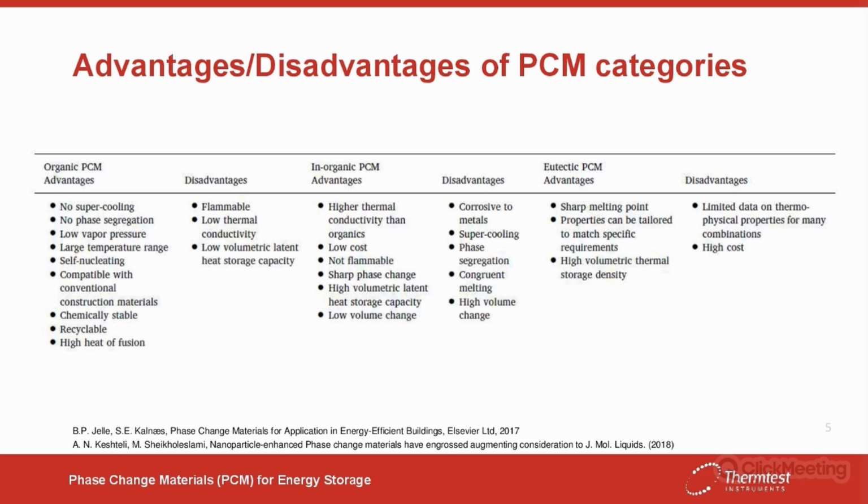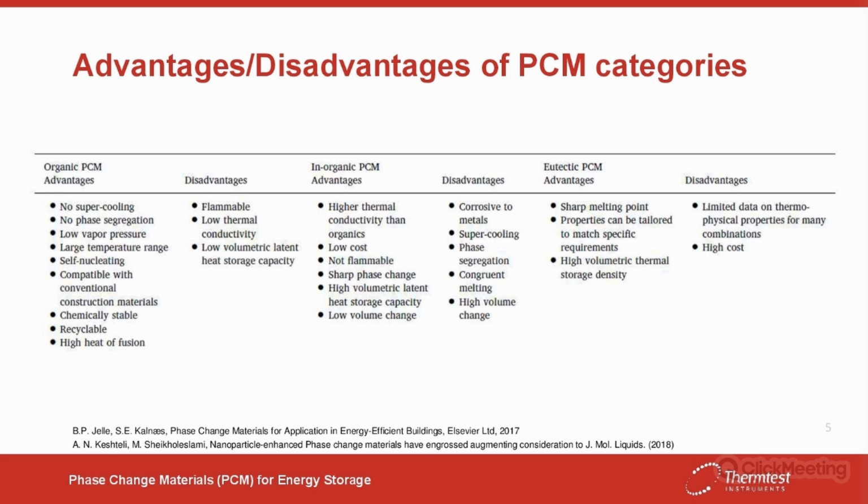On the other hand, the inorganic PCMs have the advantage that they have higher thermal conductivity than the organics. They have low cost and they are not flammable, but they are corrosive to metals, and they have high volume change during the whole temperature range.